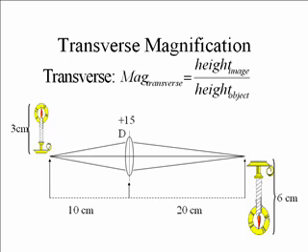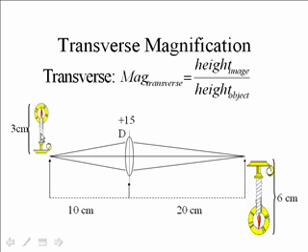Now, I want you to notice that there is one special ray here. There's one ray that passes through the center of the lens that emerges from the lens undeviated. You also know that there are bundles of rays coming off from other parts of the candle, from the middle of the candle, from the top of the candle, and that they are also passing through the lens and are forming points along the image here too.